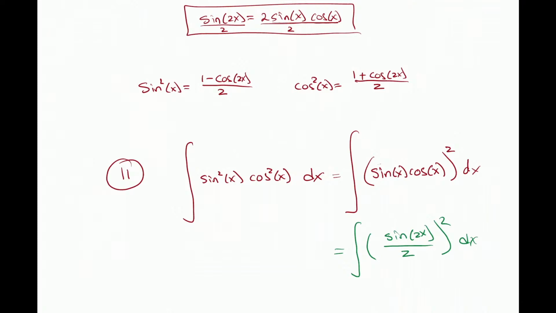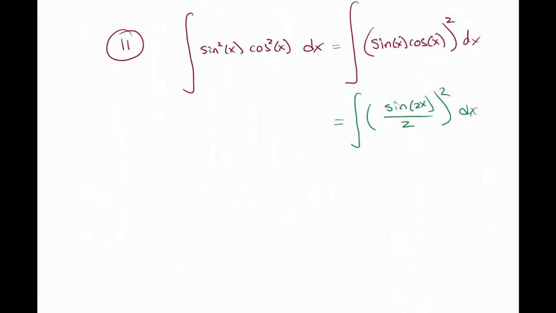Yeah, this one's rough. Like I said, right at the end of class, I realized my error in not sharing those identities. Okay, let's finish this up. It's not too bad from here. So I'll just move this over a bit. So this will be the integral of sine squared 2x over 4.